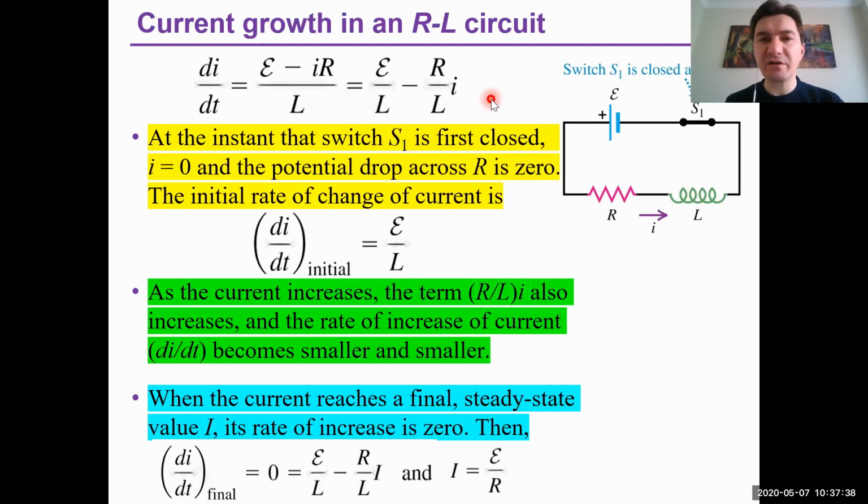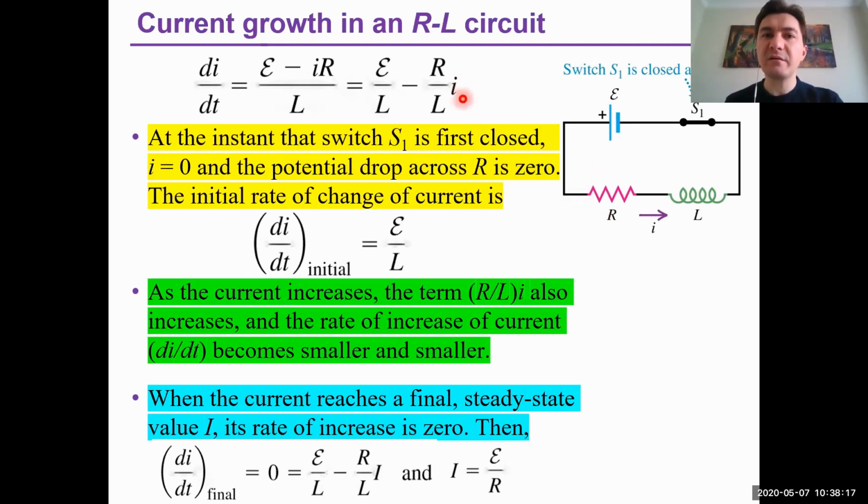Here we have 3 conditions, which I show you with different colors. So let's have a look at the first case. When we close the switch S1, when the time is 0, the current in the circuit is 0, okay? Just as we close the circuit, time is 0. So there is no current at the beginning in the circuit. And since there is no current, the potential difference here is 0.